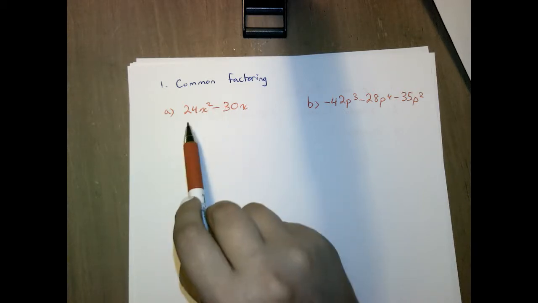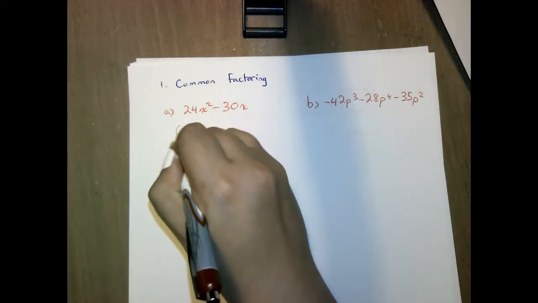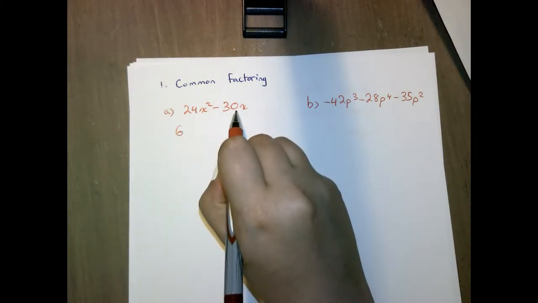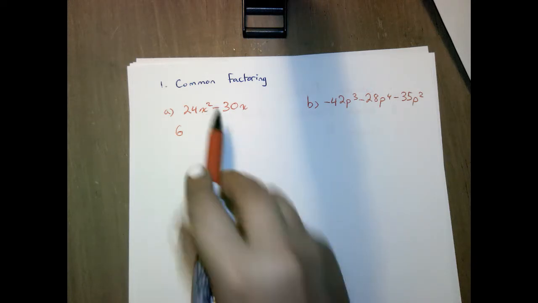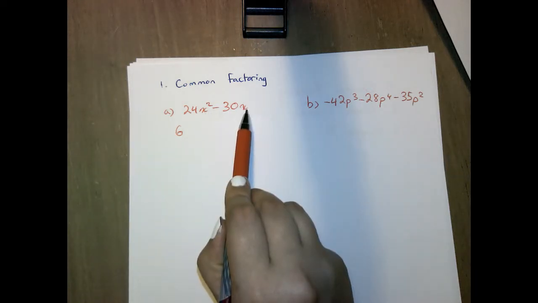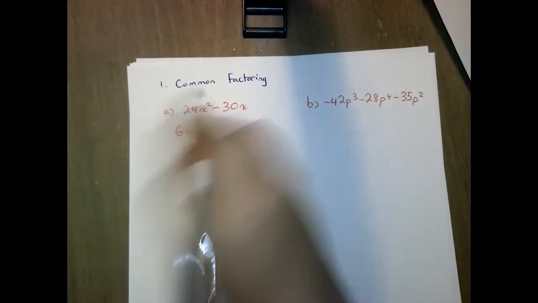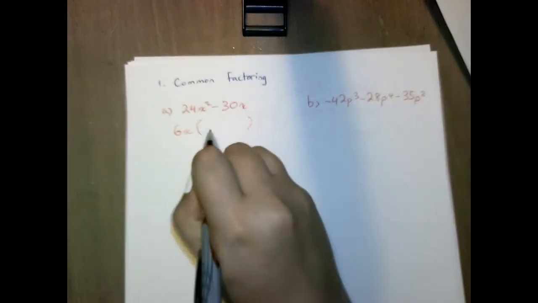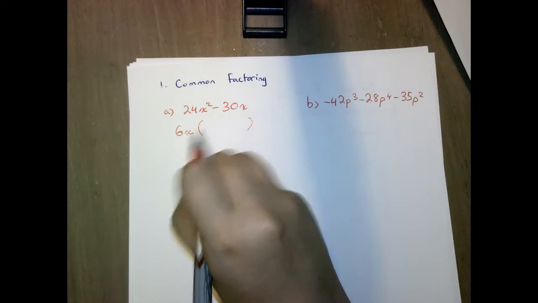In this case, our biggest common factor is a 6, as I know that 6 goes into 24 4 times and 6 goes into 30 5 times. I also look at the variables, and the variable in common with both of them is x.